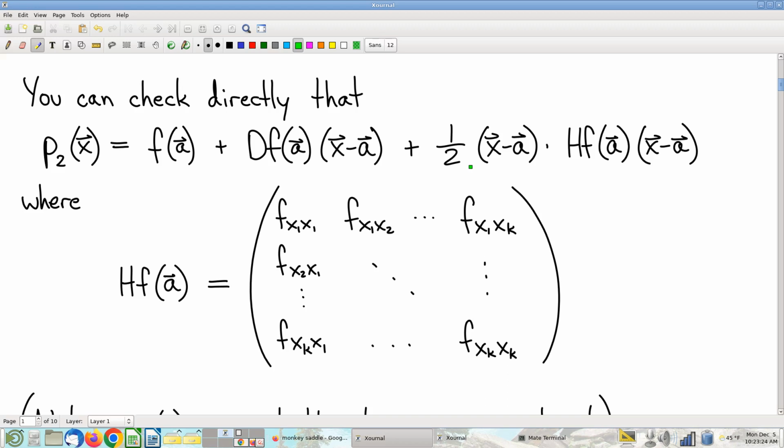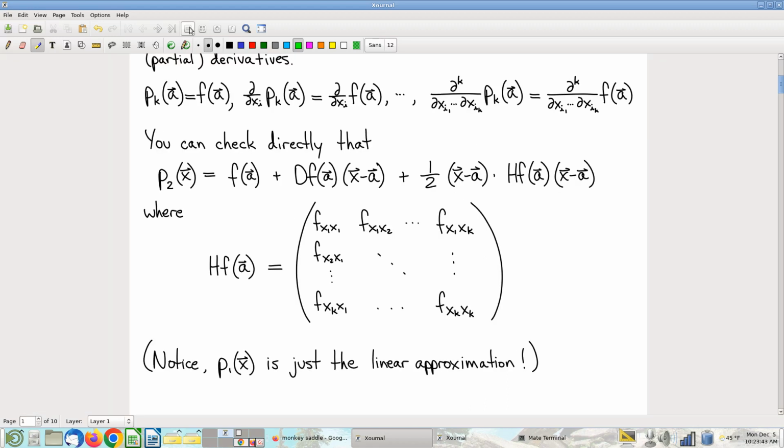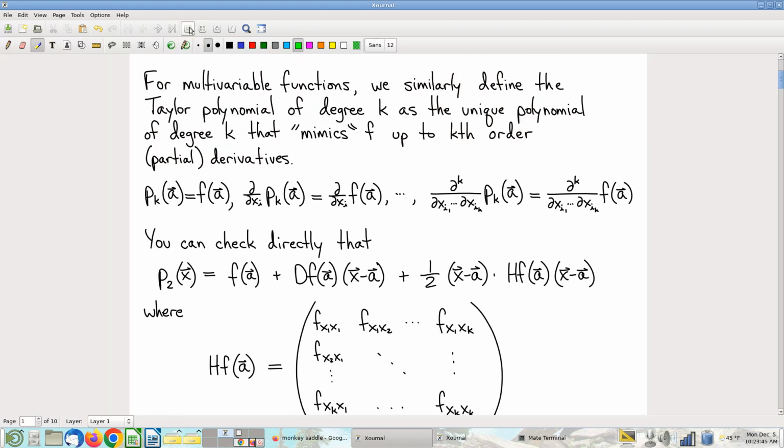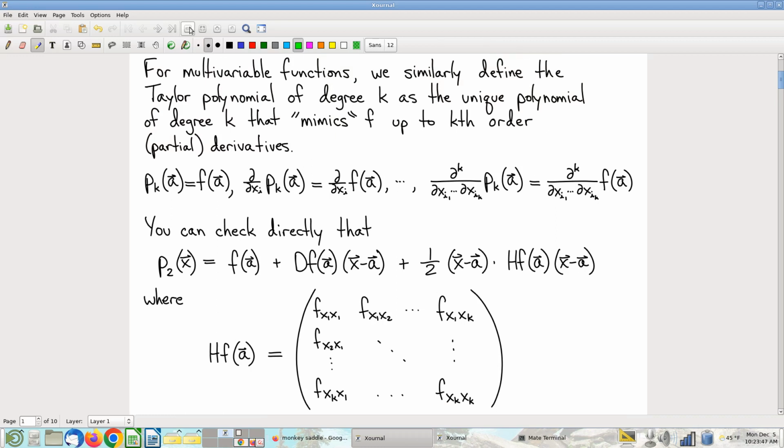Right? It's a little unexpected that it looks like that. But it has to, because in the multivariable setting, what you really see is that second order approximations of functions are more complicated in multivariable than they are in single variable. And this is just what the answer is. And again, why is this the answer? Well, because this is the unique polynomial that mimics the function in the sense of satisfying these very properties.